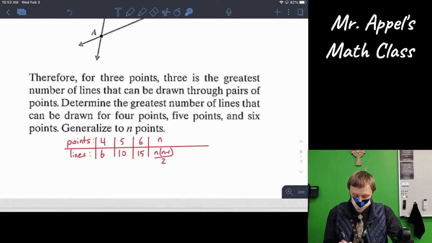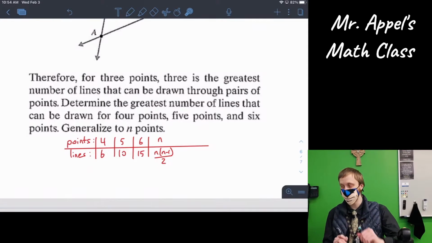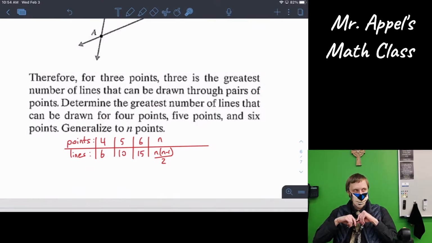So draw more points. 4 points can get you 6 lines. 5 will get you 10. 6 will get you 15. And this is a similar pattern, but not quite. For any n number of points, you will get n times n minus 1 divided by 2. Okay, there's the final answer there.